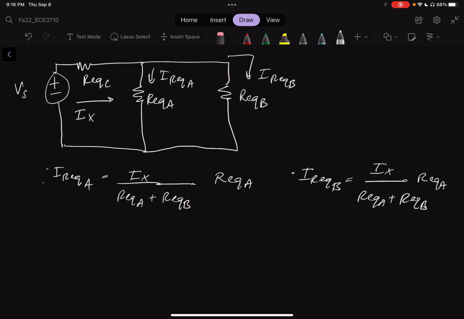Well, IX is the current that is going through R equivalent C, and it splits into IR equivalent A and IR equivalent B, which means let's group R equivalent A and R equivalent B together since they're in parallel.